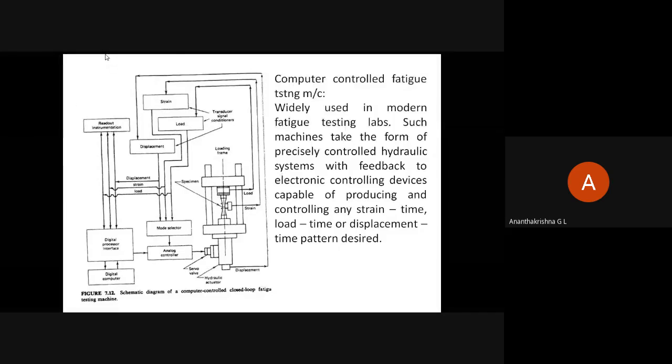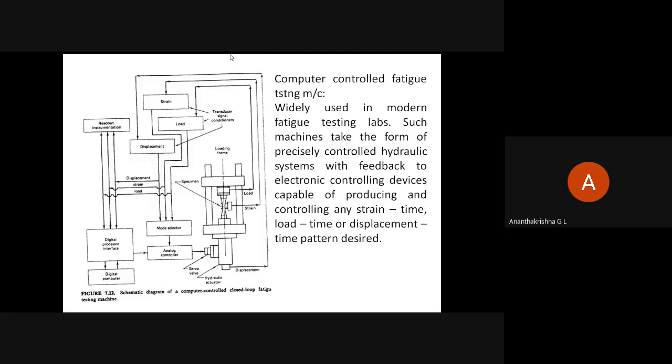Now note down the sketch. It is there on your screen. So this is the specimen, and this is the strain, and this is the load cell. From here the load and strain will go to the mode selector and then to the analog controller. This is the hydraulic actuator.